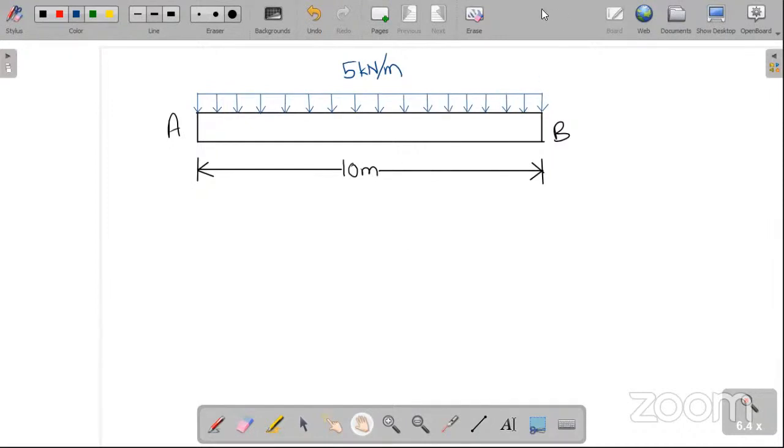So I'm getting some answers on the shear force diagram. Mohammed Abbas is saying it is 50. Okay. Others, bending moment diagram. What about the bending moment diagram?